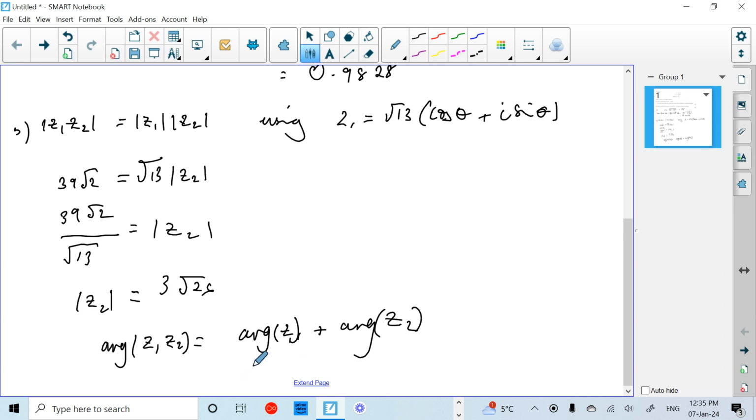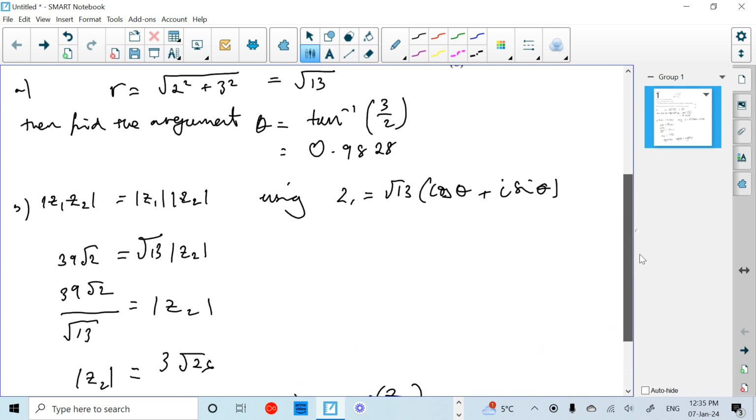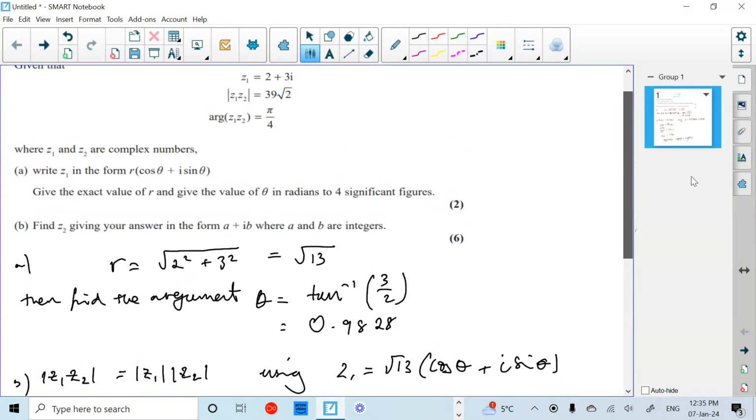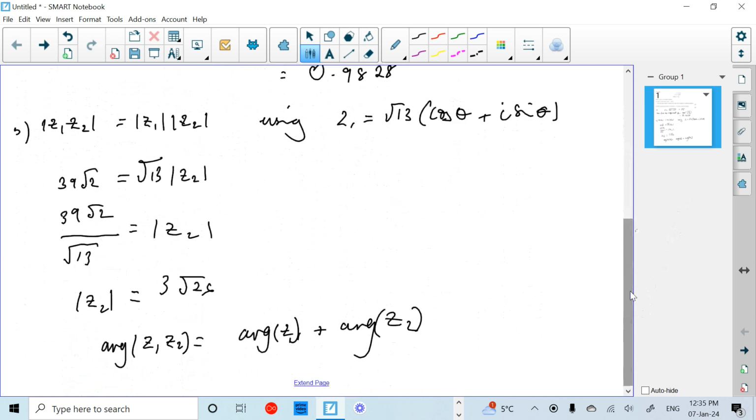The question tells us that the argument of z1 z2 is pi over 4. So I'm going to substitute that in.